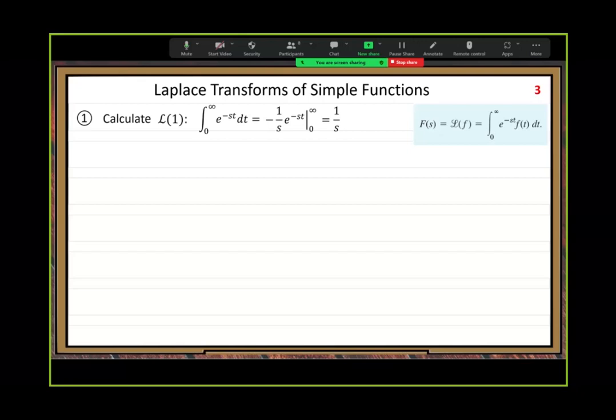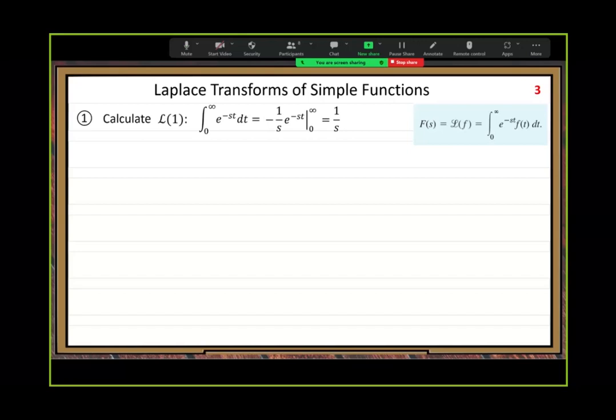To make it converge, the upper limit at infinity, to make the function converge, S must be positive. If S is a negative number, then it won't converge, right? Negative times negative is positive, so positive times infinity is infinity.